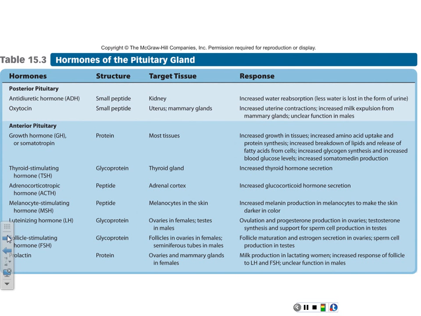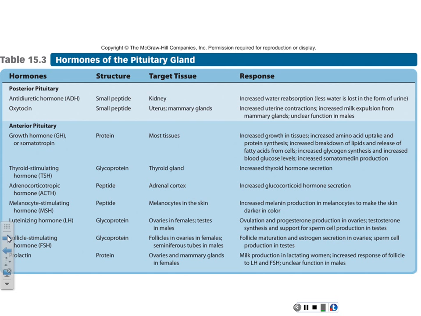The posterior pituitary will release antidiuretic hormone, the one that works on the kidneys to preserve water. If you haven't taken water and you're thirsty, the body will release less water in urine, so it will release antidiuretic hormone from the posterior pituitary.